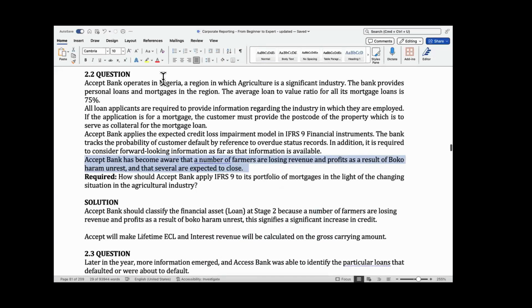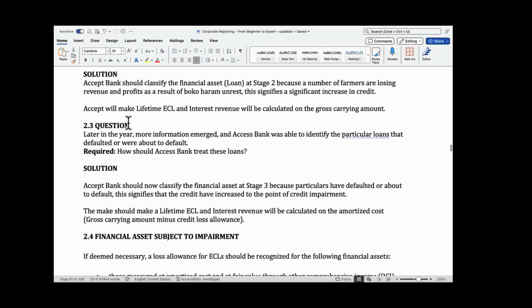Now, a follow-up question says that later in the year, more information emerged, and Asset Bank was able to identify particular loans that defaulted or were about to default.